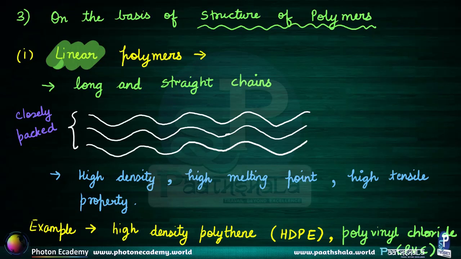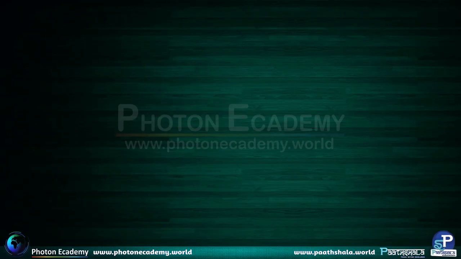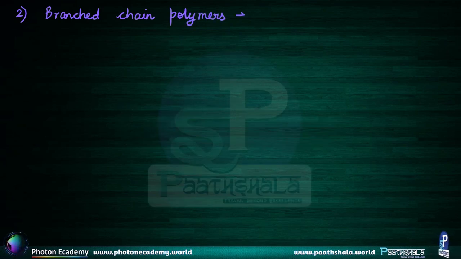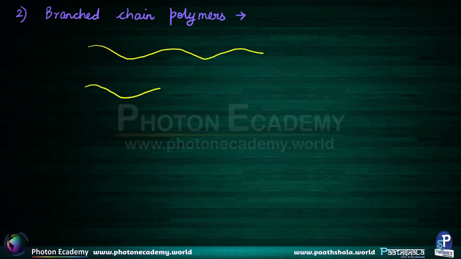Now moving on to the next category under structure of polymers, the second one that we have is branch chain polymers. We saw straight chain and now we have branch chain polymers. These branch chain polymers have linear chains that have some branches. So if we draw, say, these are the linear chains, and they have got some branches.